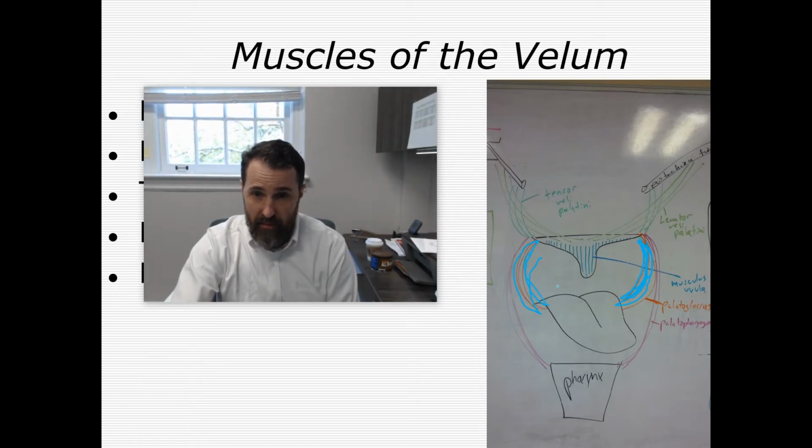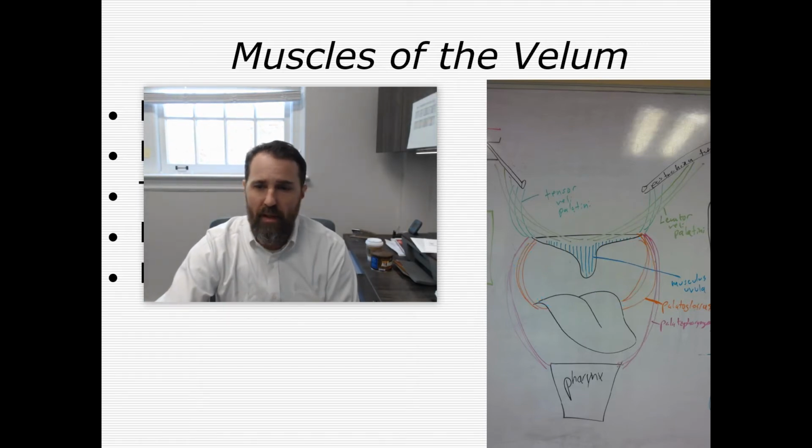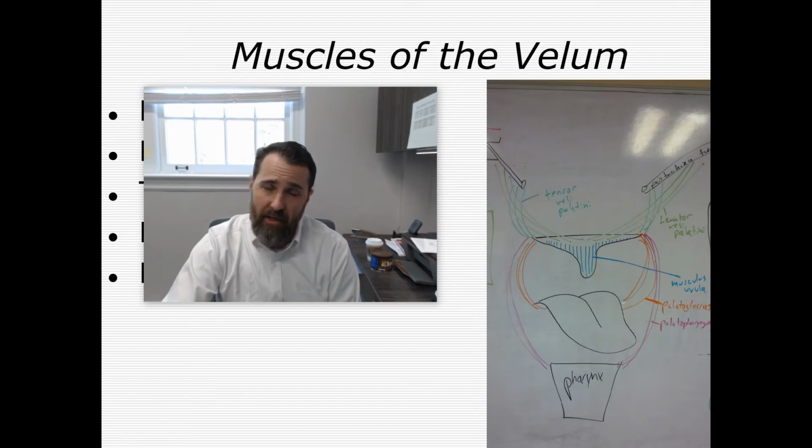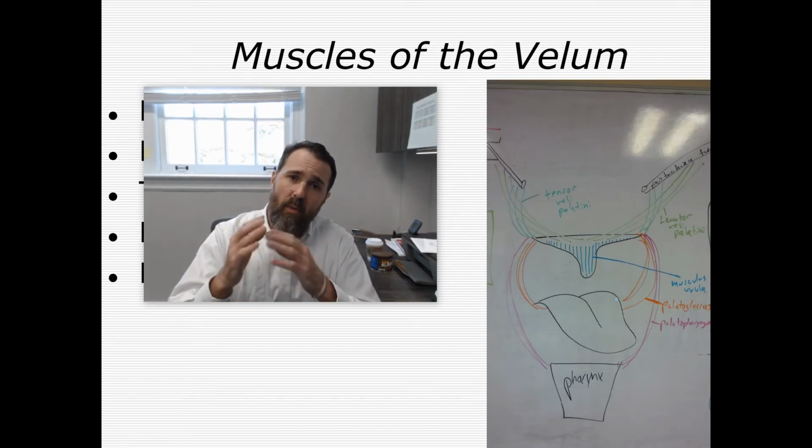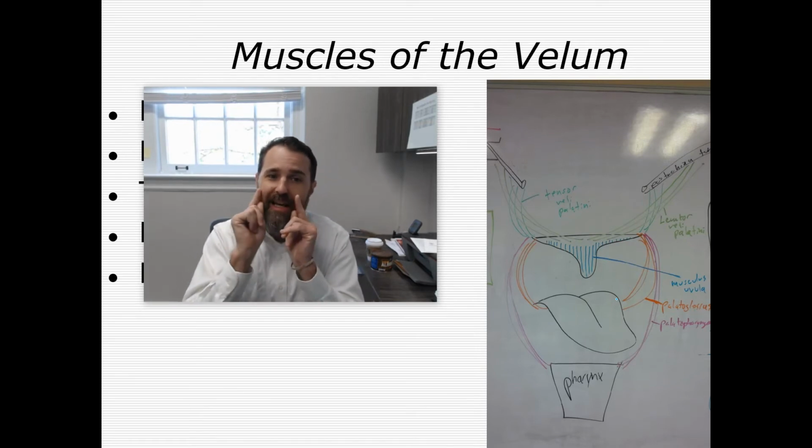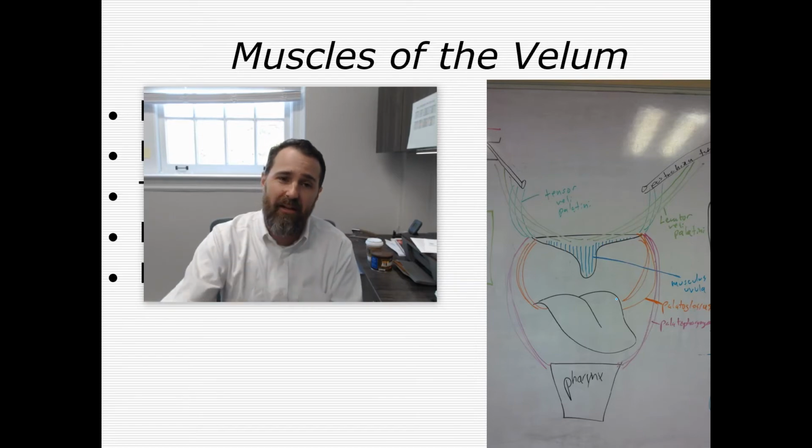It is either going to elevate the tongue or it is going to depress the velum. It's going to depress the soft palate. The Palatoglossus is the anterior faucial pillars. So when you're looking in someone's mouth and you see the anterior faucial pillars, that band of tissue, that is the Palatoglossus.